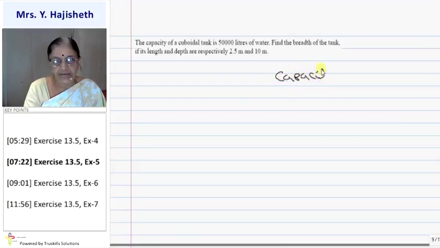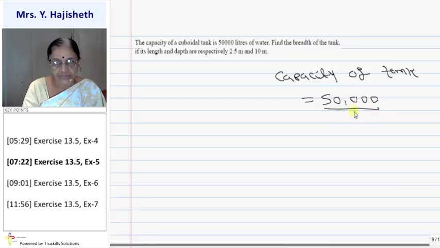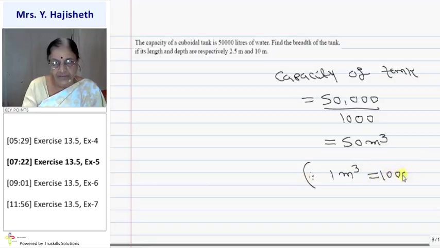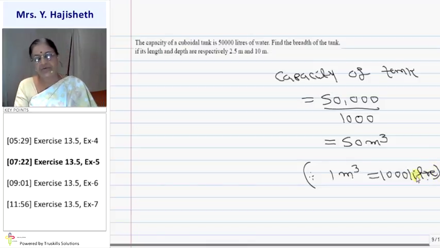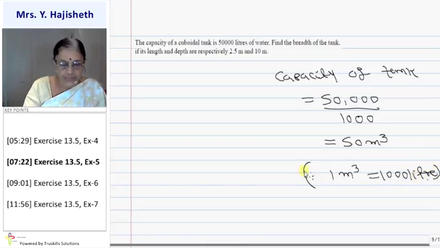Capacity of tank is 50,000 liter divided by 1000. So that is 50 meter cube, because 1 meter cube is 1000 liter. Because everything is given in terms of meter, I should get volume also in meter cube.